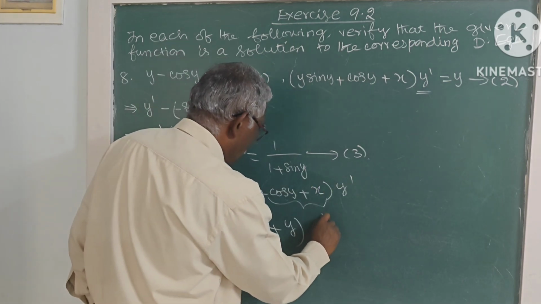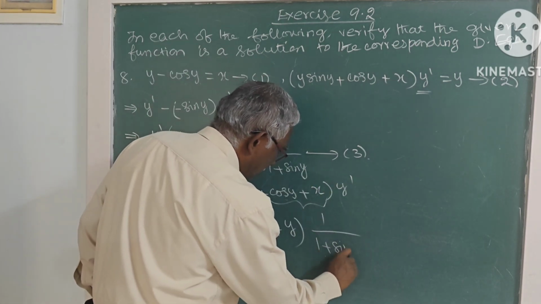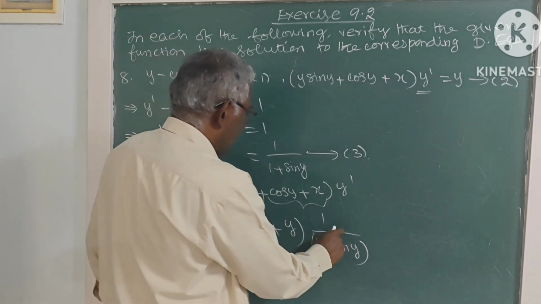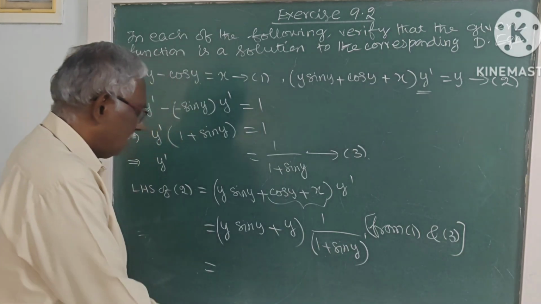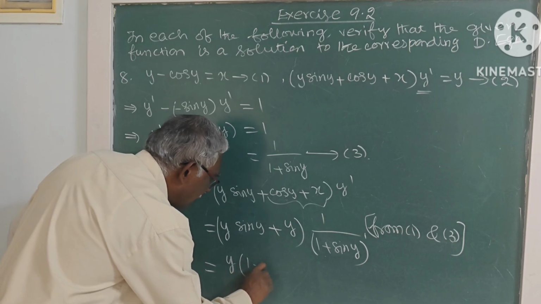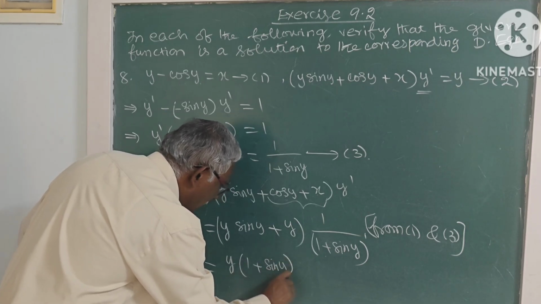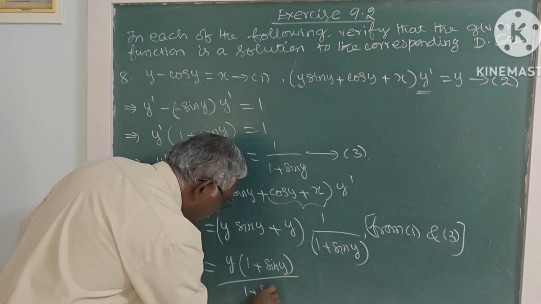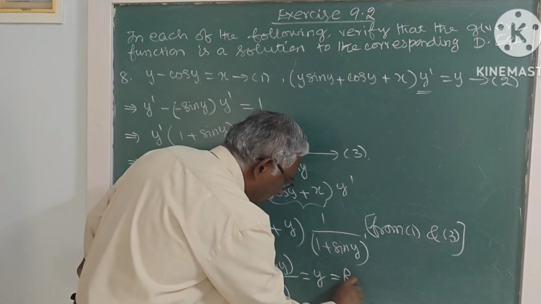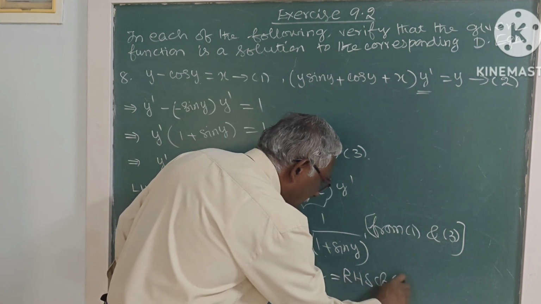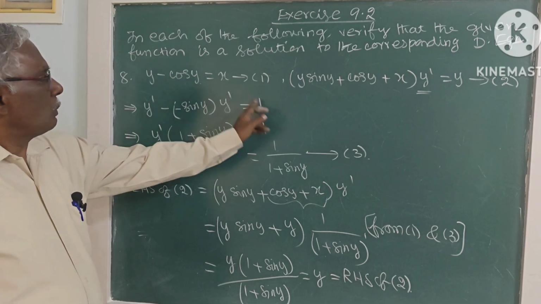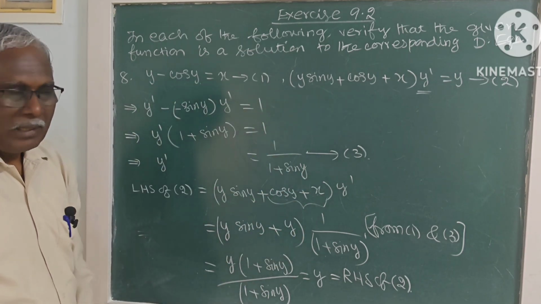Also, we can replace y dash by 1 by 1 plus sin y and simplify, we get RHS of equation 2. Therefore, y minus cos y is equal to x is a solution to the given differential equation.